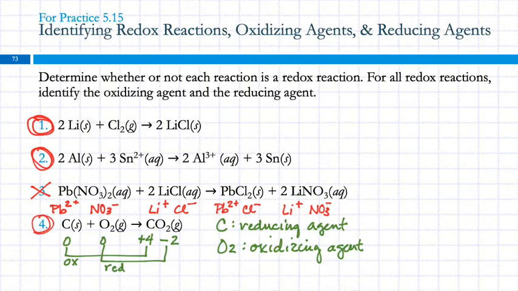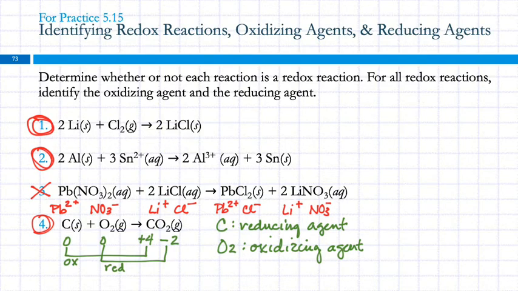And it's based on things like electronegativity and all kinds of other factors that get a little bit complicated. And so doing the oxidation numbers actually is a simpler way of identifying what's being oxidized and reduced, believe it or not. So the carbon is being oxidized, which means that carbon is the reducing agent. The oxygen is being reduced. The oxygen is the oxidizing agent. They're like, backwards.